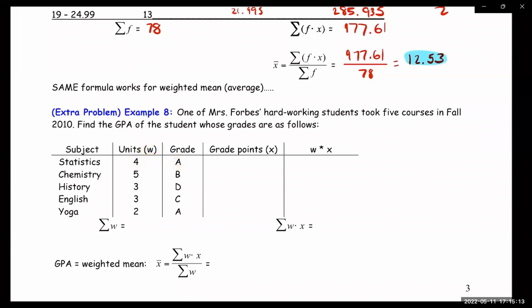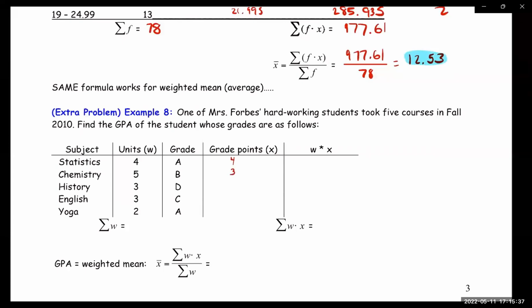And chemistry is 5 units. That's even more units. And she got a B. History was a 3-unit class. She got a D. English, 3 units. She got a C. And then yoga, 2 units. She got an A. So the grade points that are assigned for an A is usually 4 points. A B is 3 points.